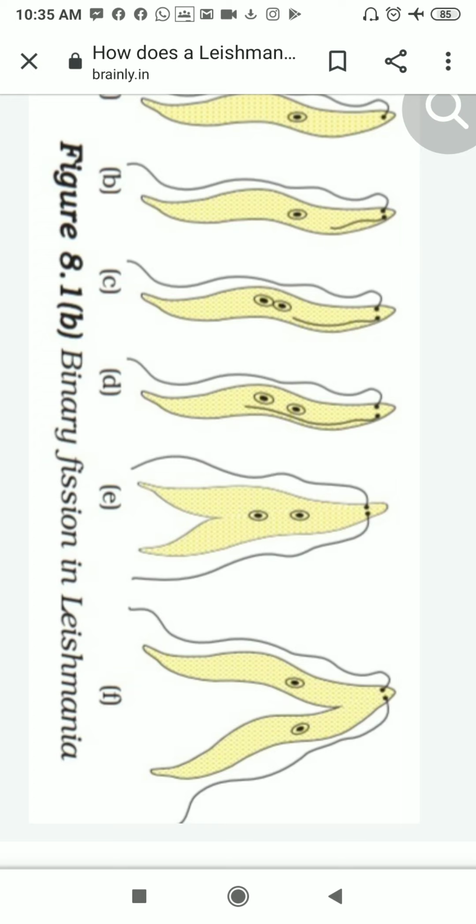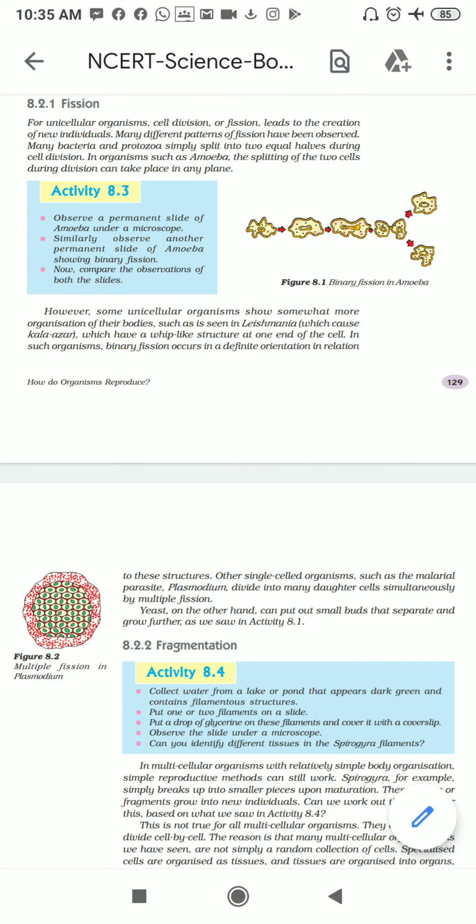In this you can see the division takes place longitudinally, vertically, from top to bottom in a particular plane. When the division starts at one point and proceeds through the whole body, and finally everything gets divided into two, such type of division is called longitudinal binary fission.